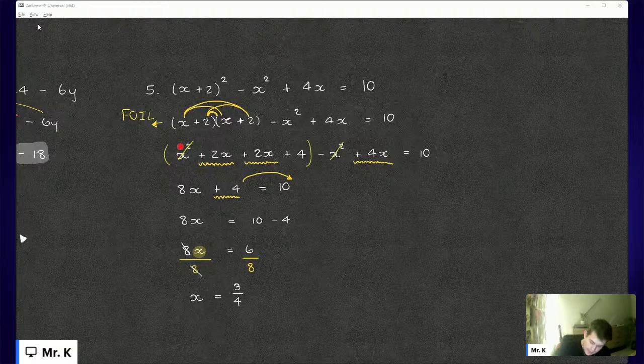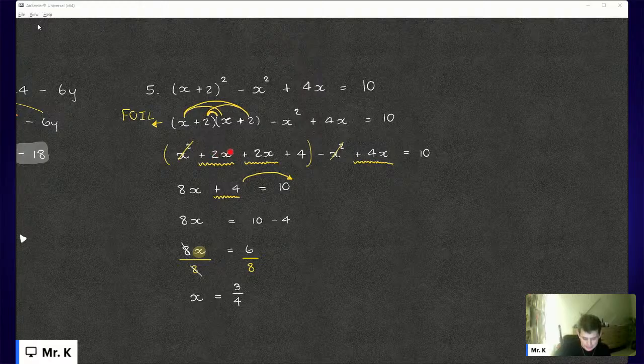But because we have a plus x squared on the left, and later on we also have a minus x squared, 1x squared minus 1x squared means that they are going to cancel, right? So we're no longer going to have any x squared terms.